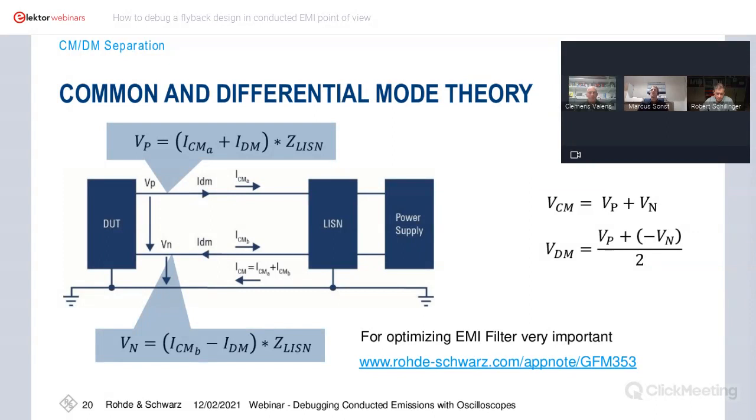It's also described a bit more in depth in my application note, which I will paste the links to later in the chat. But this is the related application note, and by that, we can distinguish between common mode and differential mode, and that is a great thing when you want to define or develop your EMI filter.